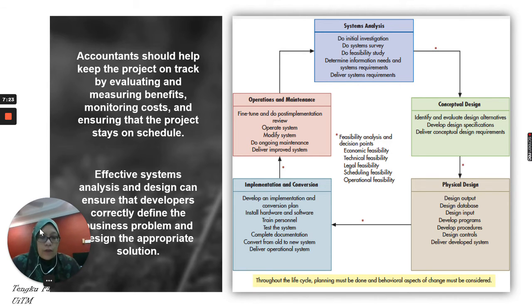Alright, if we refer to this figure, we already saw the figure in chapter 20. The system analysis we already covered in chapter 20, including feasibility analysis and also the planning.